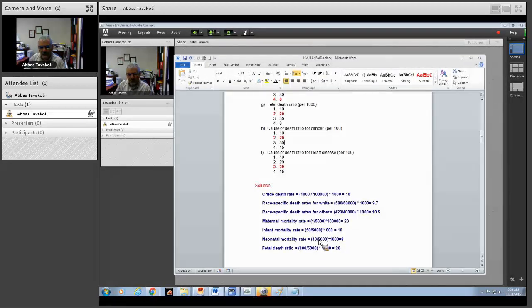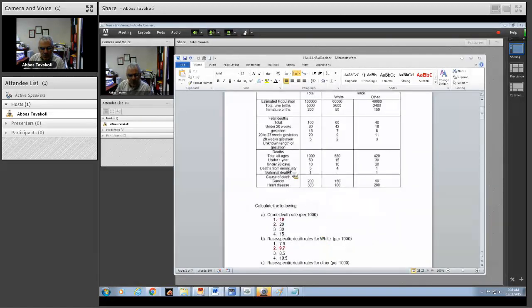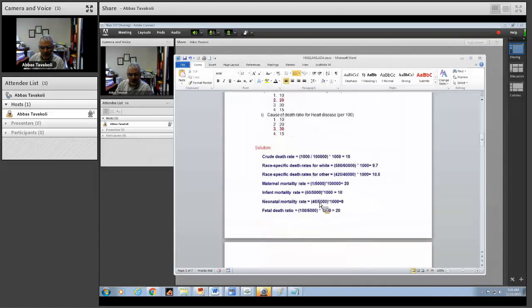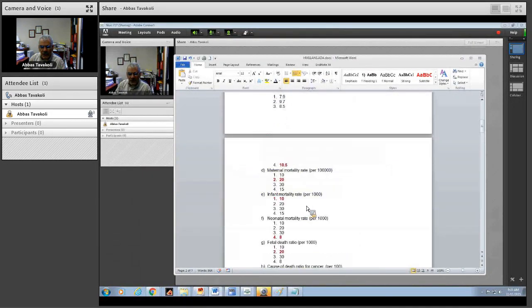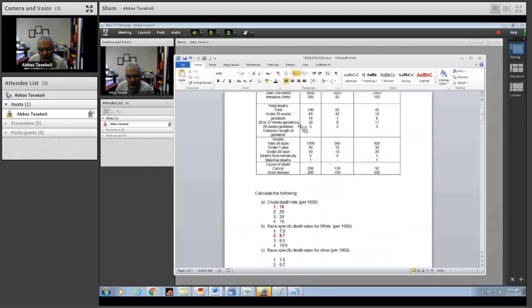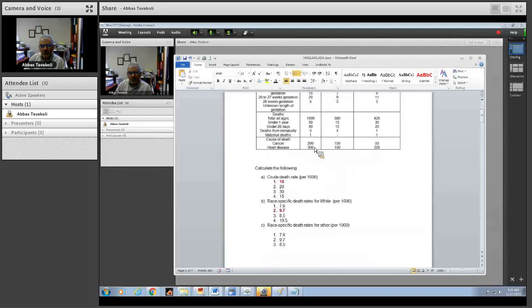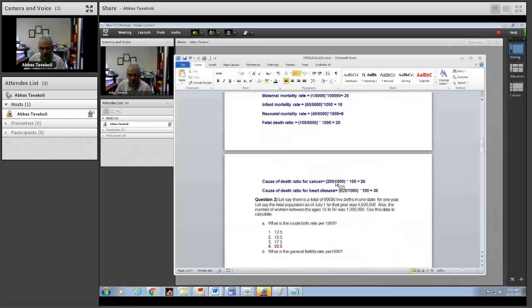Your denominator again is total live births, and then 40 came from under 28 days. So you calculate that. Fetal death ratio was basically, again, the 100 you have here, fetal deaths, divided by live births, and you calculate, it becomes 20.